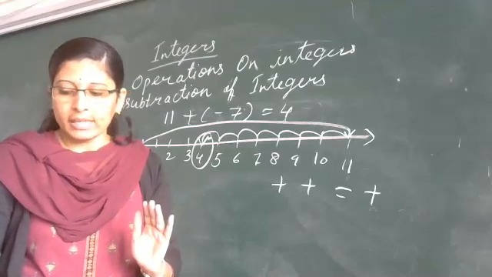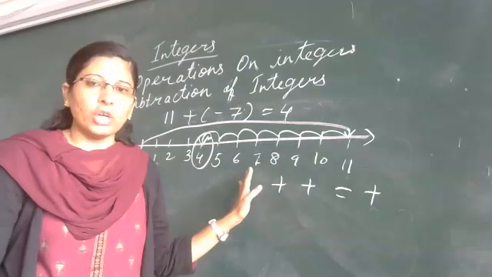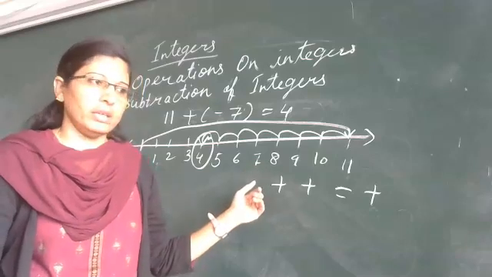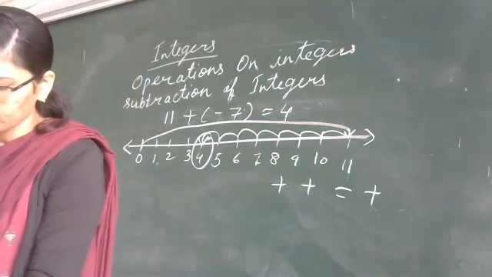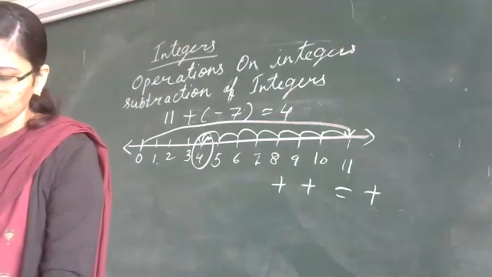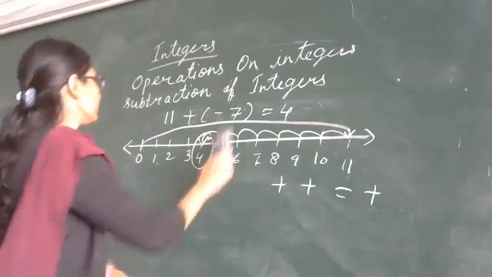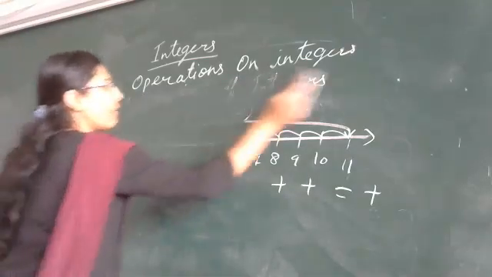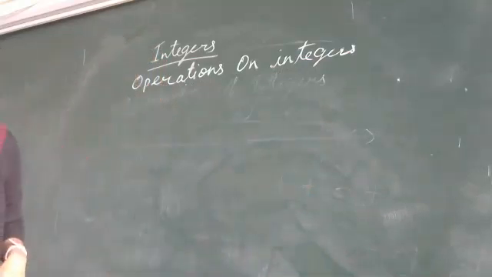So this is addition and subtraction of integers. Did you have any doubt? Yes, children, did you have any doubt? No, ma'am. Okay, now I'll ask you. You tell me the answer.